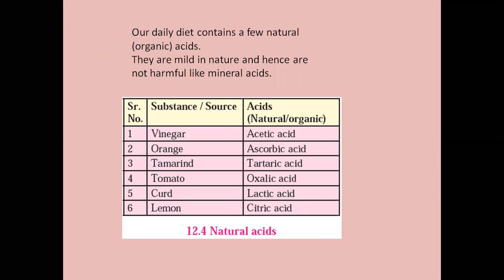Orange contains ascorbic acid. Tamarind contains tartaric acid. Tomato has oxalic. Curd is lactic. And the last one is lemon, which contains citric acid.